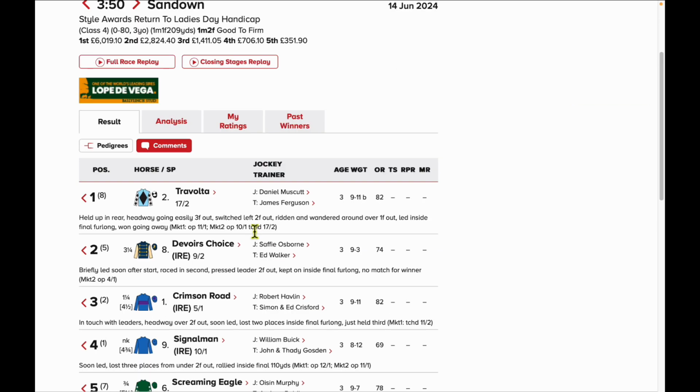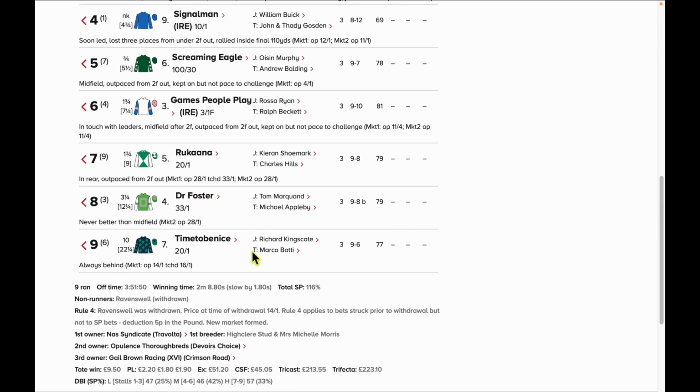Scroll down. The time of the race was 1.8 seconds slower than the standard. And we worked out that it should be 6.375 seconds slow. Take the 1.8 away from 6.375, and that gives us a number of 4.575.